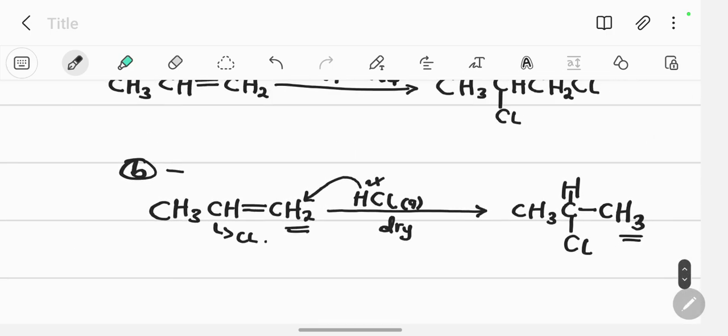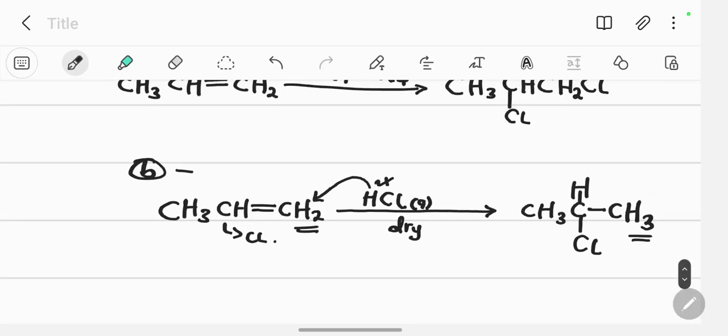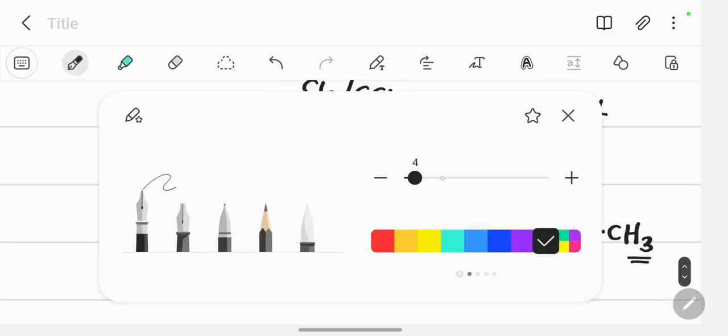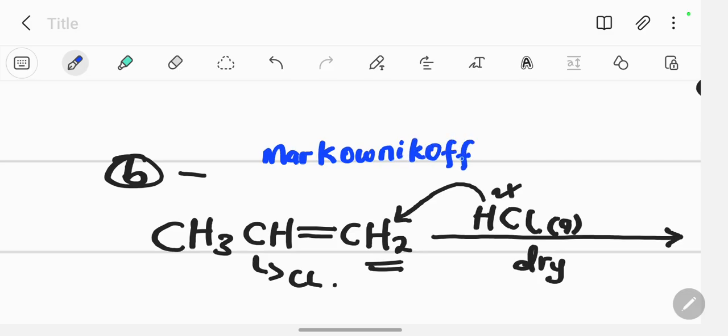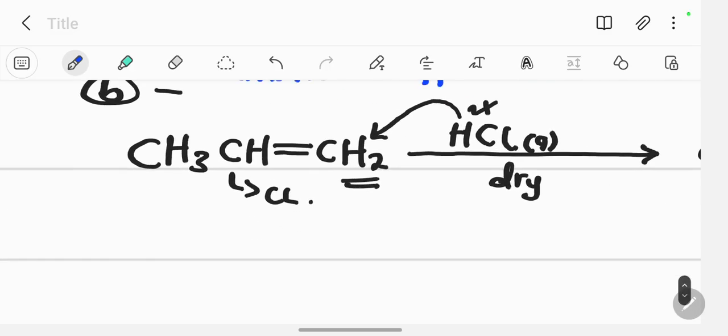Have you seen that? So this is Markovnikov's rule. Then we have to talk about the anti-Markovnikov. So I'm going to indicate it here.